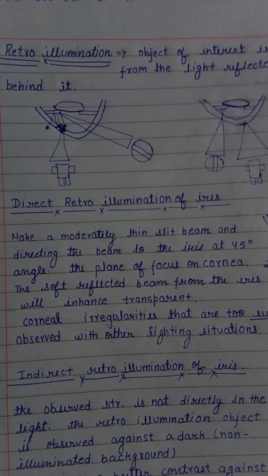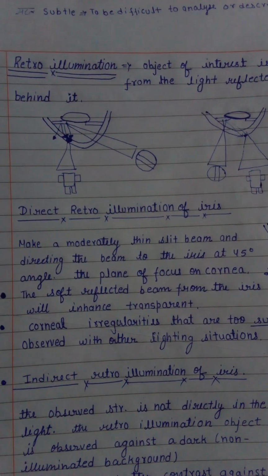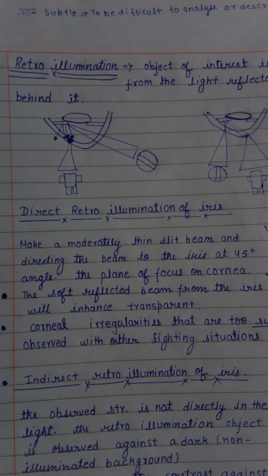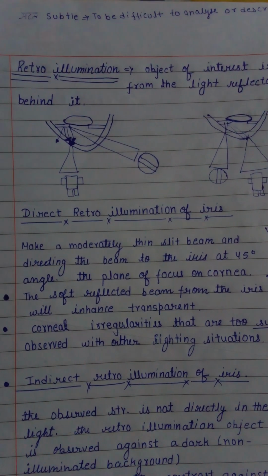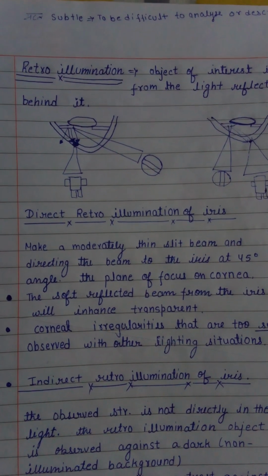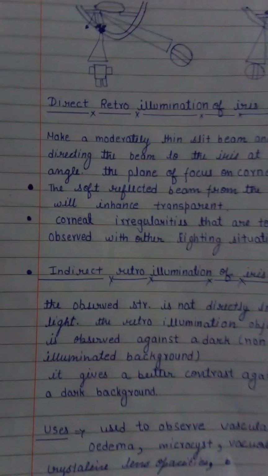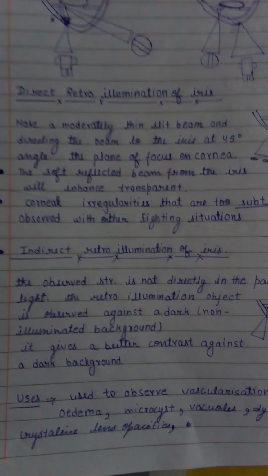The light is reflected back from the iris, and with this reflected light the object on the cornea is illuminated. This is known as direct iris retroillumination.